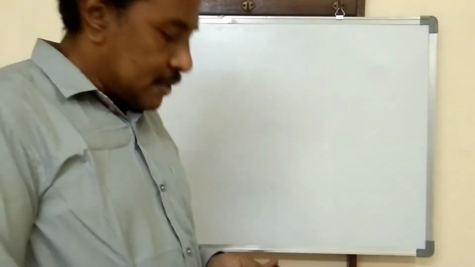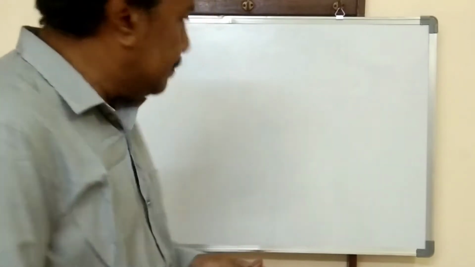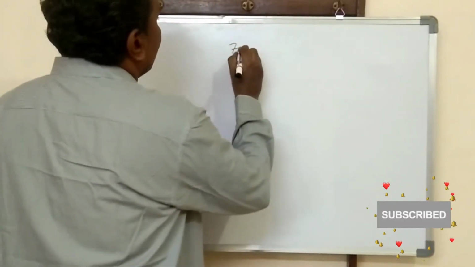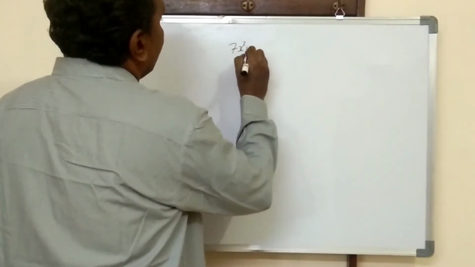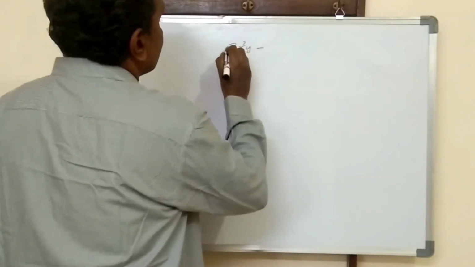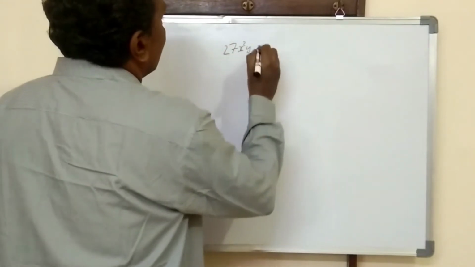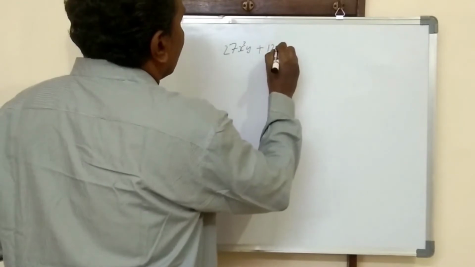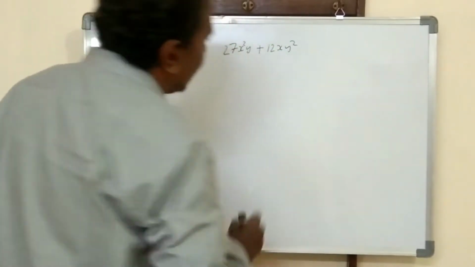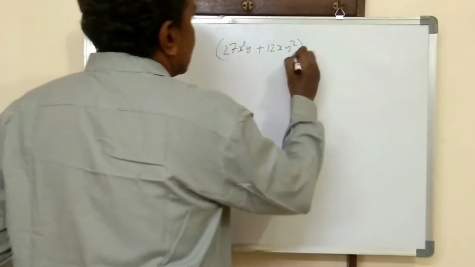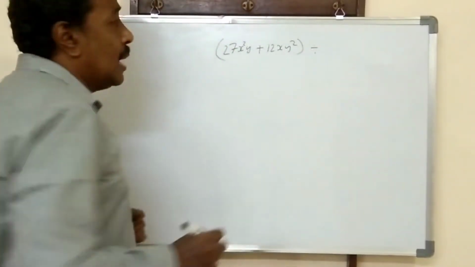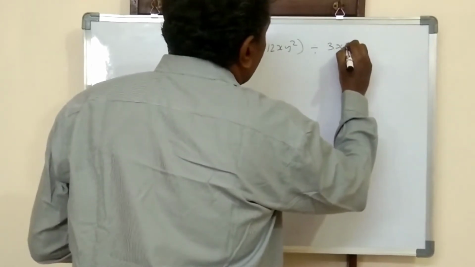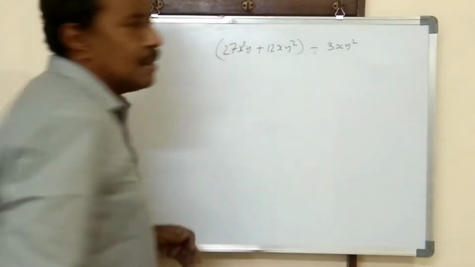So first of all, we'll take a binomial: 27x square y plus 12xy square. This is divided by a monomial, 3xy square.